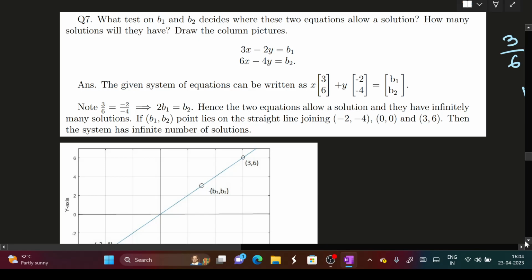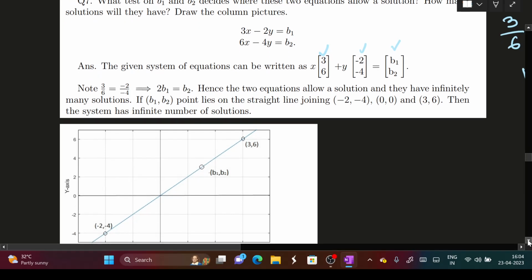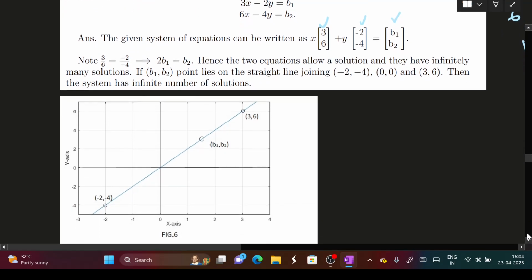From the column picture, this is my V, this is my V1, this is my V2, this is my V3. One can observe in every case that the x component is twice the y component. That means they are related by the same relation. So all of them will lie on one straight line. So this is the graph of the line.